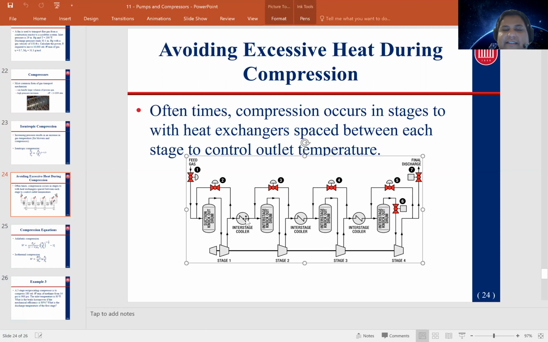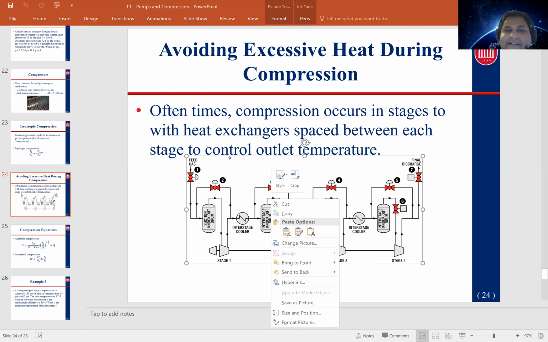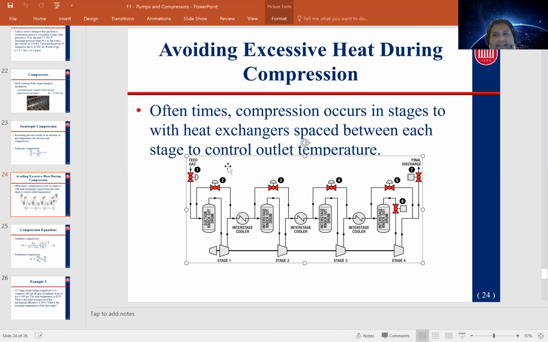So you have essentially a cooler, then a knockout drum to allow the next stage to continue, then another cooler, then another knockout drum. This illustrates a multi-stage compression system to ensure, one, the temperature doesn't get too high, as well as that there is no liquid entering any of the compressors within the system.